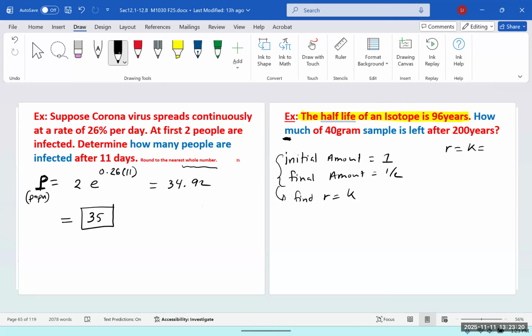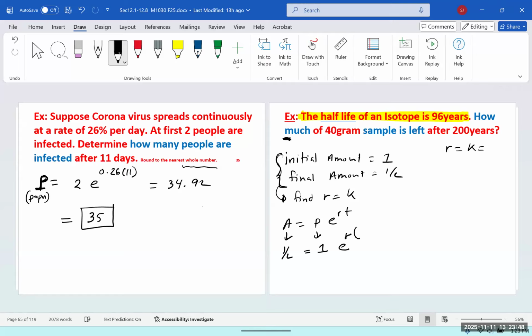So my PERT formula, A equals P e to the RT. What is the final amount? 1/2. Using these two pieces of information, initial and final: our final is 1/2, and our initial is 1. Do you know our rate?